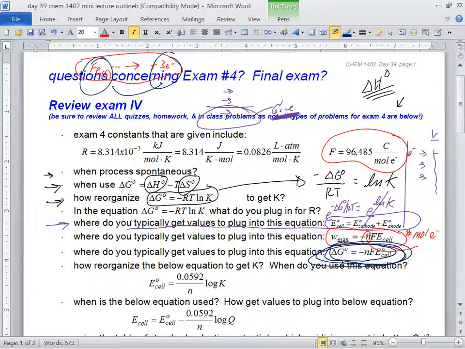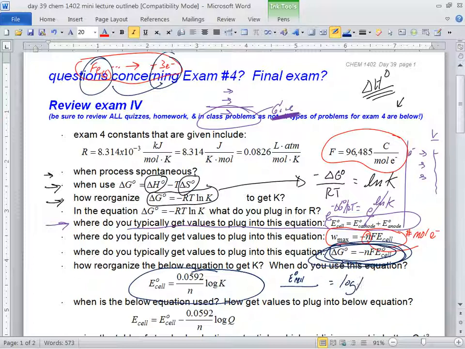Okay, here's another math one. How do you get K out of that mess, Bowdy? Well, you have to move the 0.0592, so you flip it. So you'd have E0 cell, and what's on top with E0 cell?